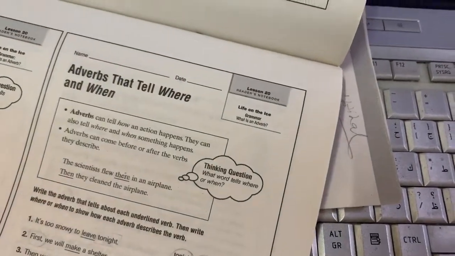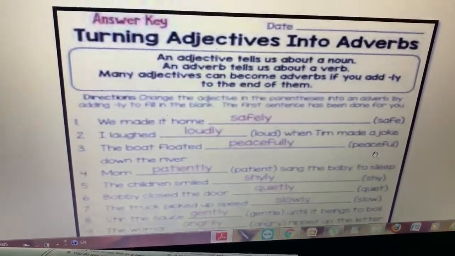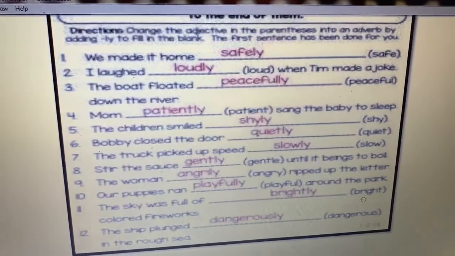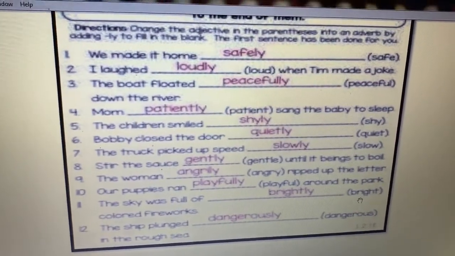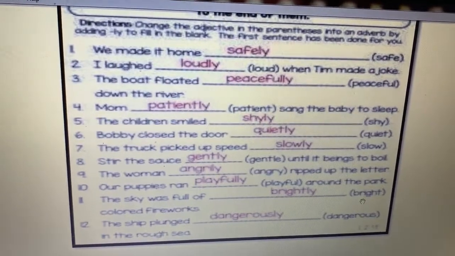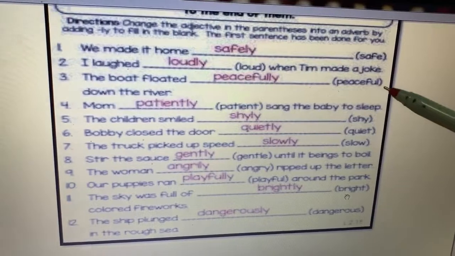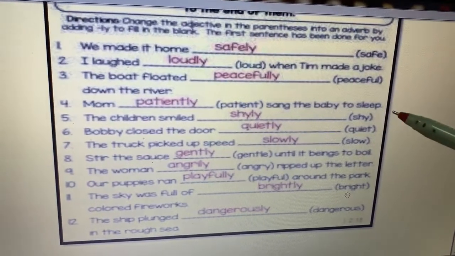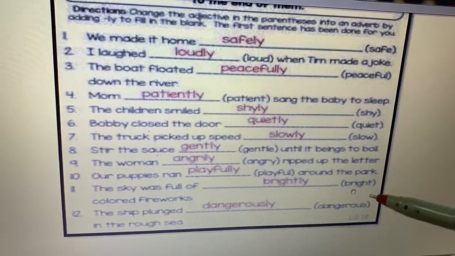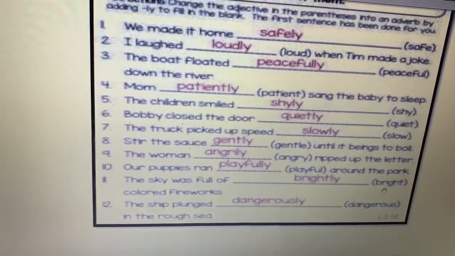Look at this activity here. We made it home safely. Okay? We made it home safely. All these words like safe, peaceful, shy, quiet, slow, bright, dangerous, all these words are adjectives.